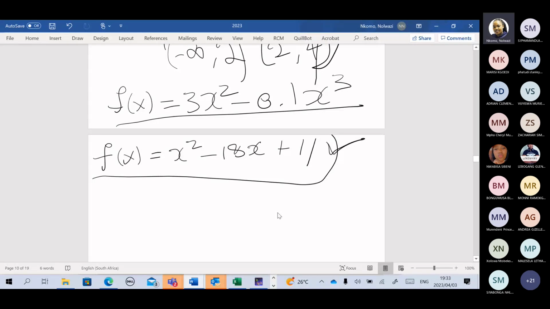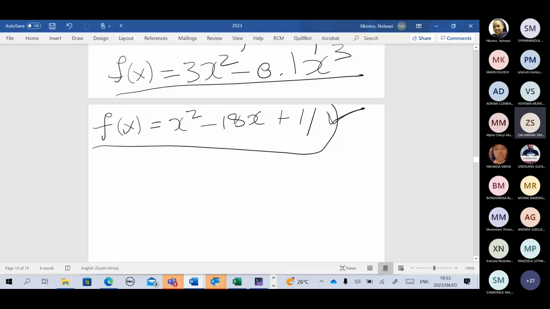Guys, do you want more time or you're fine? I think I have it. Okay, what did you get on your first derivative? The derivative is 2x minus 18. Did you all get this one as our first derivative?